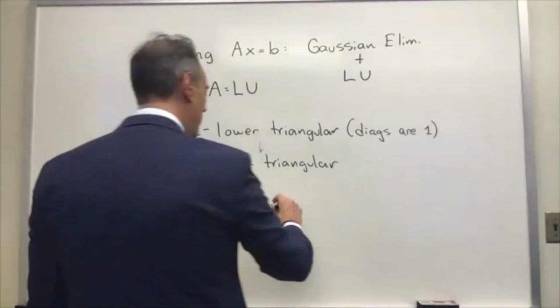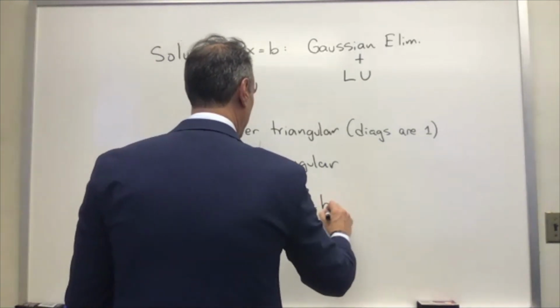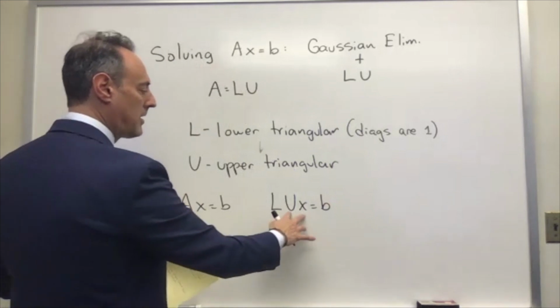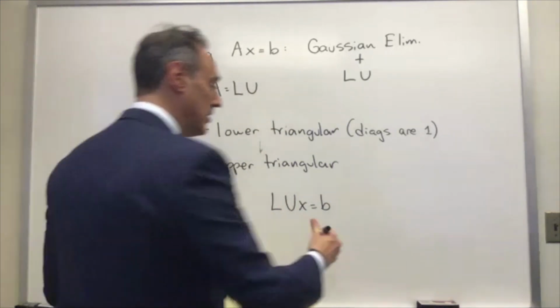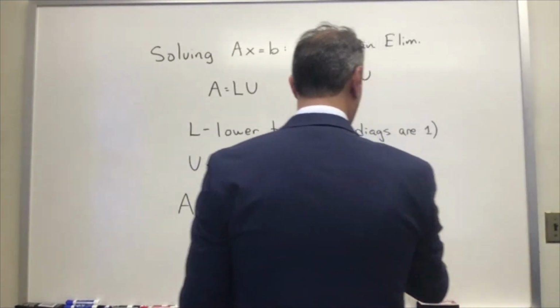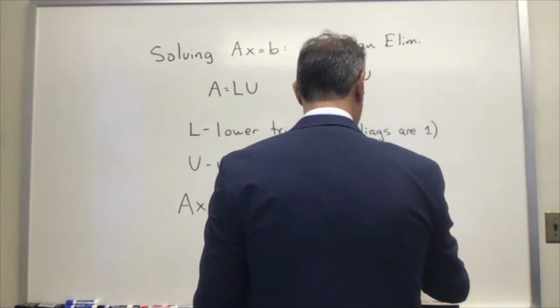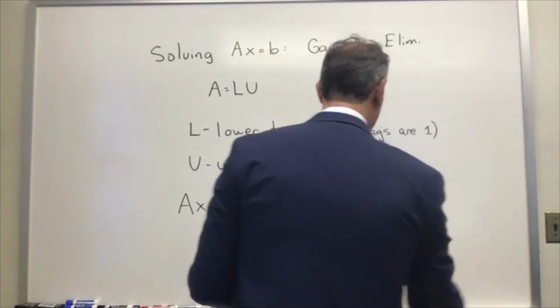Well, A itself is LU, so LUx = b. I'm going to define Ux to be a new vector y. So I have Ux = y, and then I have Ly = b.